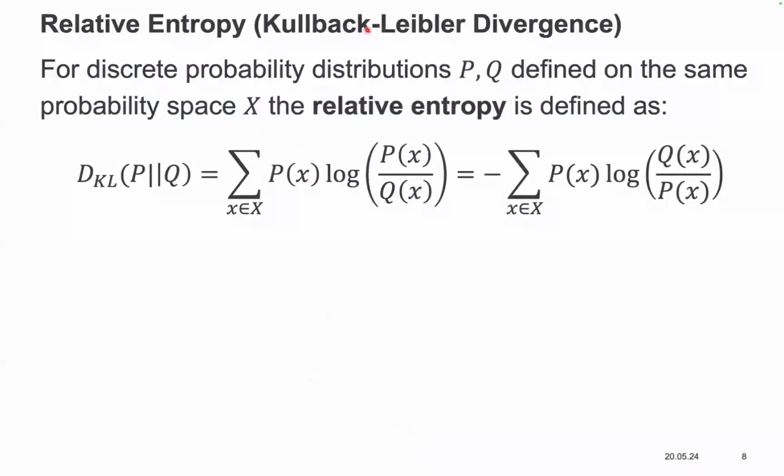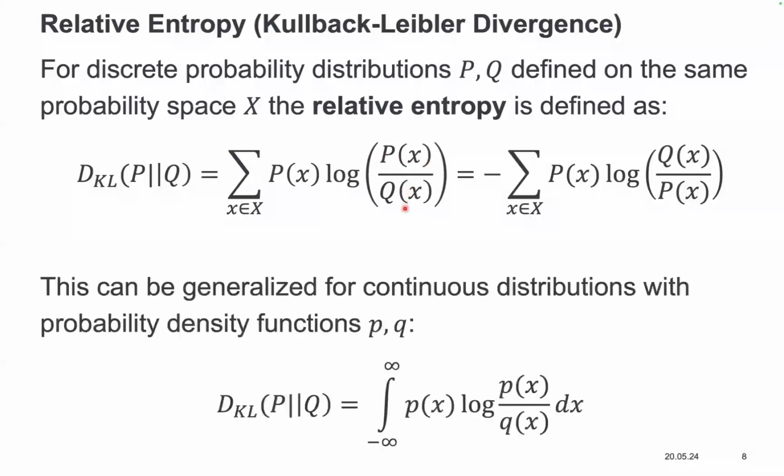So the Kullback-Leibler divergence, also called relative entropy, is defined somewhat differently. It's defined as the probability of having the value assignment of x times the logarithm of the fraction between P of x and Q of x. And this is then more naturally a difference between these two distributions.